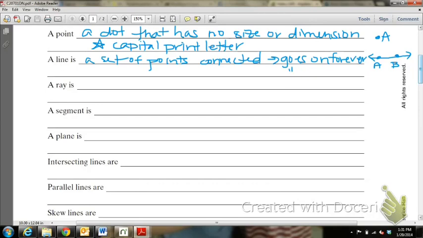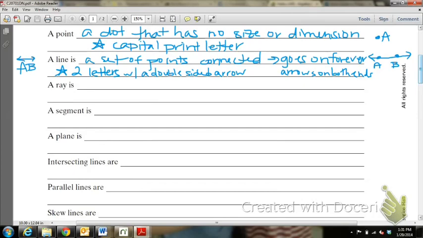Arrows on both ends. Okay, so you use 2 letters with a double-sided arrow over it. So I would say AB, and I'd draw the little double-sided arrow over it. That's how I'd name it.